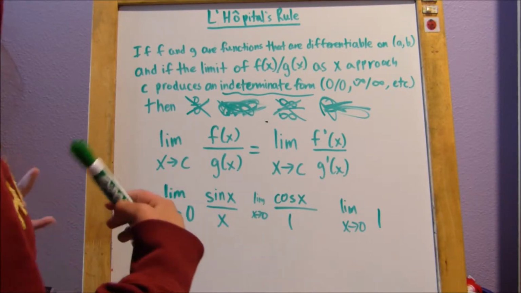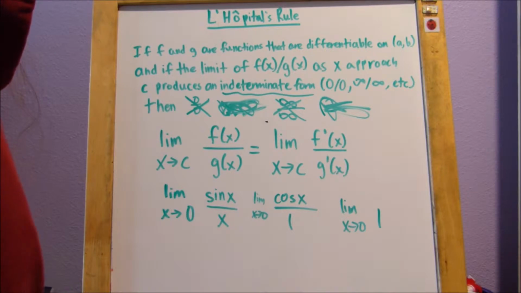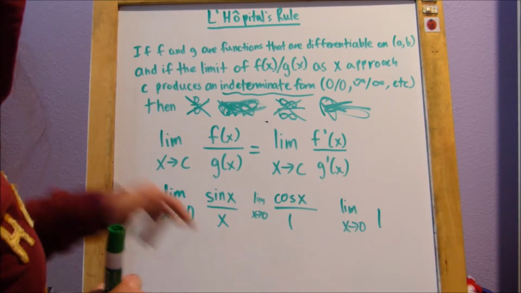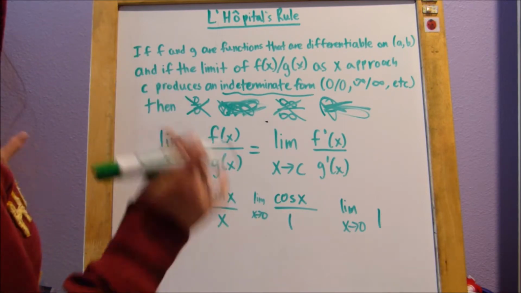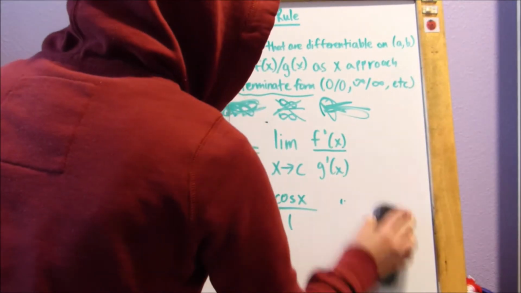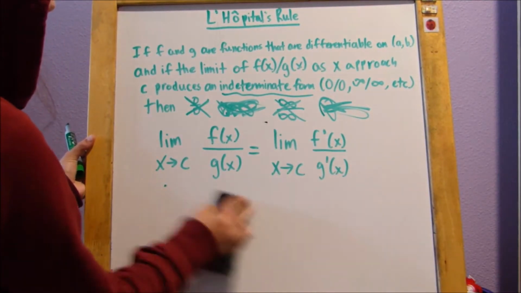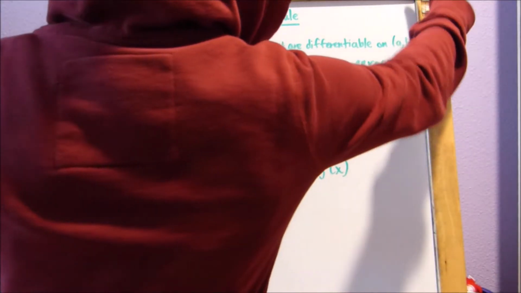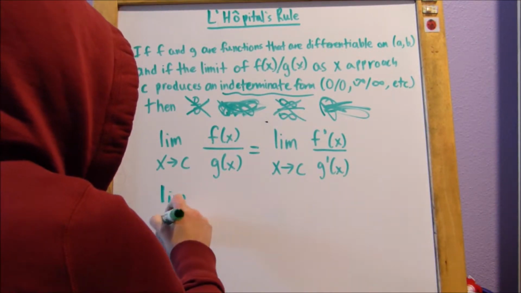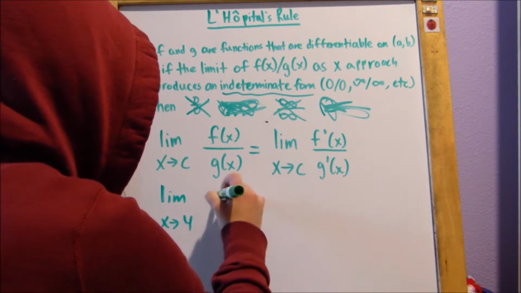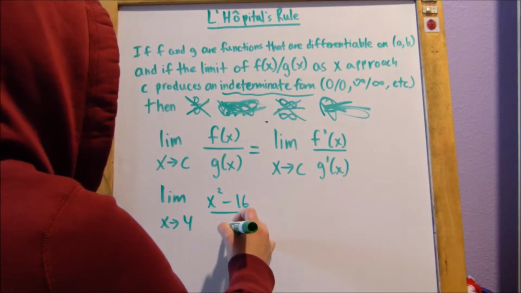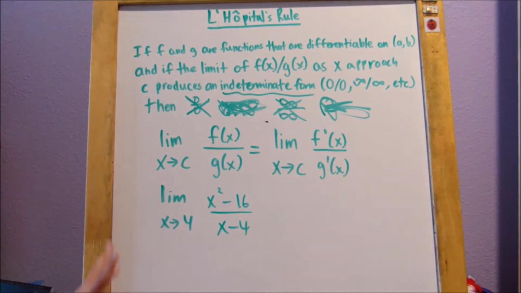So L'Hopital's can be really helpful sometimes, like in this case, but at other times you can factor out stuff, you can do other things. So let me erase this, I don't want to run out of space on the bottom. So assume you had something like the limit as x approaches 4 of x squared minus 16 over x minus 4, something like this.